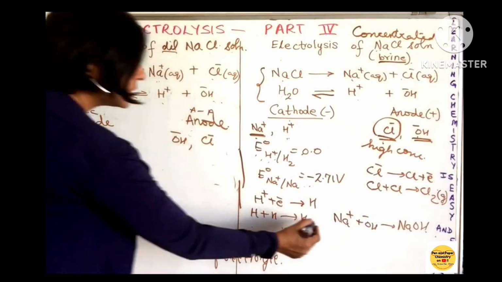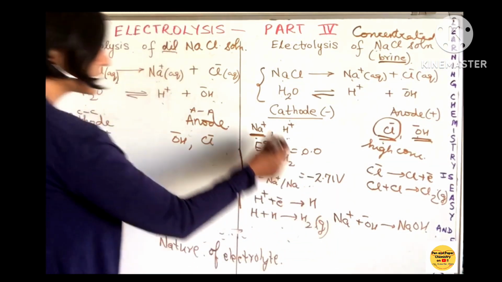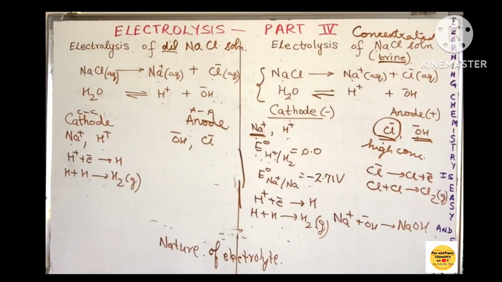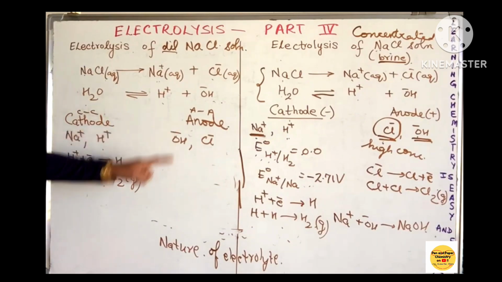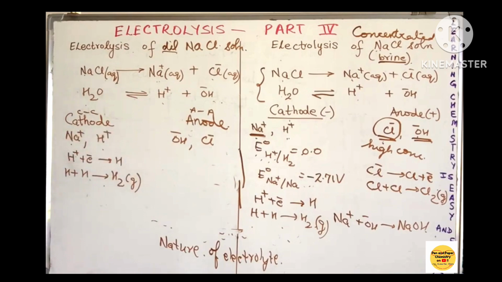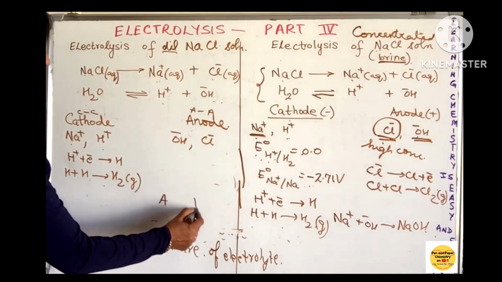So if you notice, the product at the cathode is the same in both the cases, whether you are taking a concentrated solution of sodium chloride or a dilute solution of sodium chloride. What will be the product obtained at the anode? Now if you have not written so far, please try writing the products at the anode from the knowledge that you've gained by electrolysis of acidulated water.